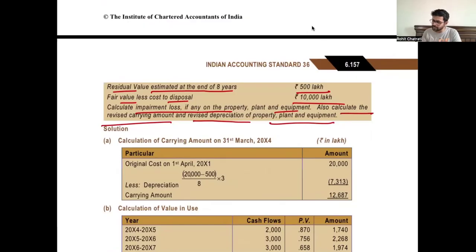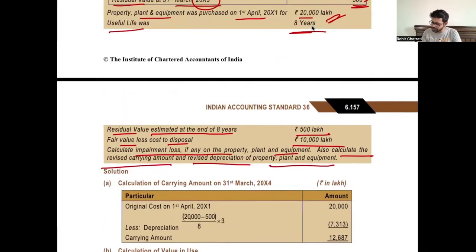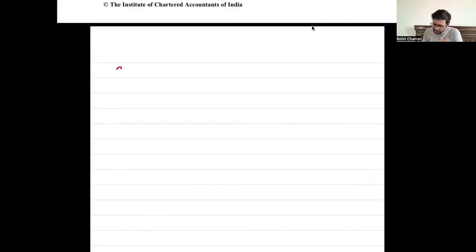Let's start with calculating impairment loss first. For calculating impairment loss, we need step 1 as calculation of VIU, because we don't have VIU directly given. All right. So step 1 is going to be calculation of VIU. So we have the year. We have got 5 years, year 1, 2, 3, 4, and 5.